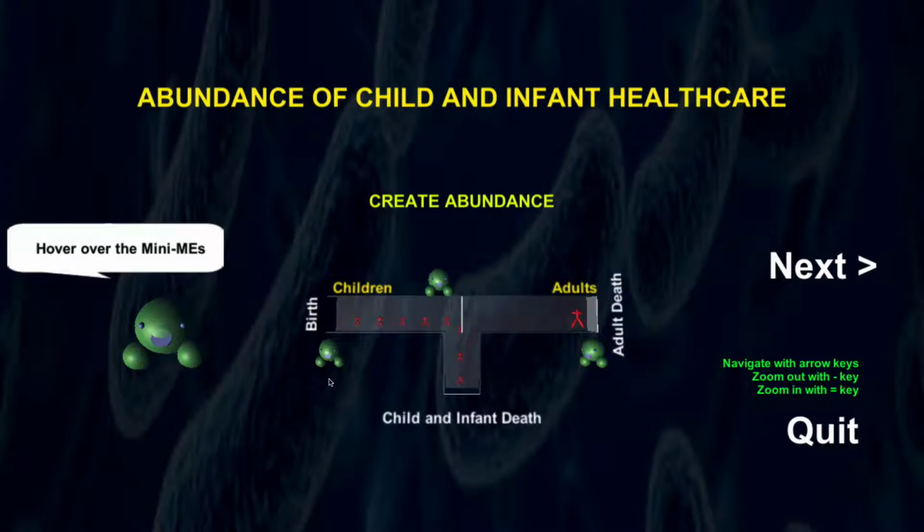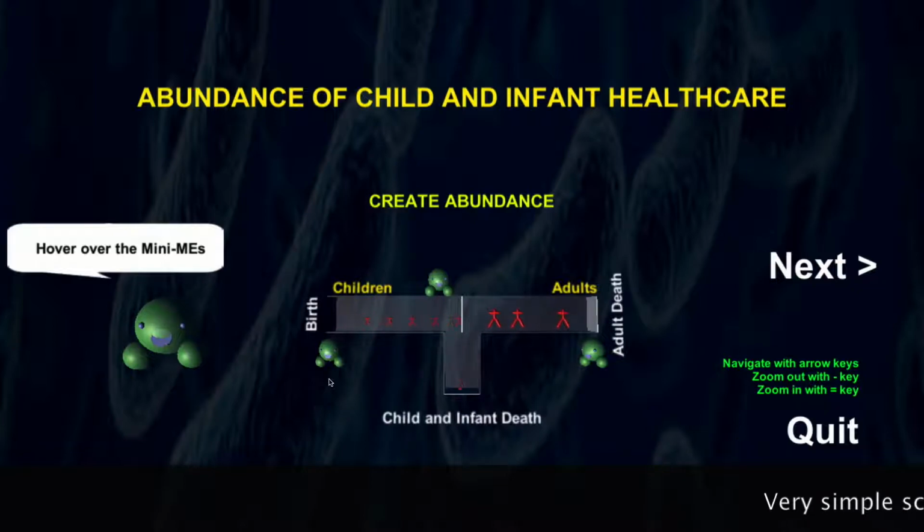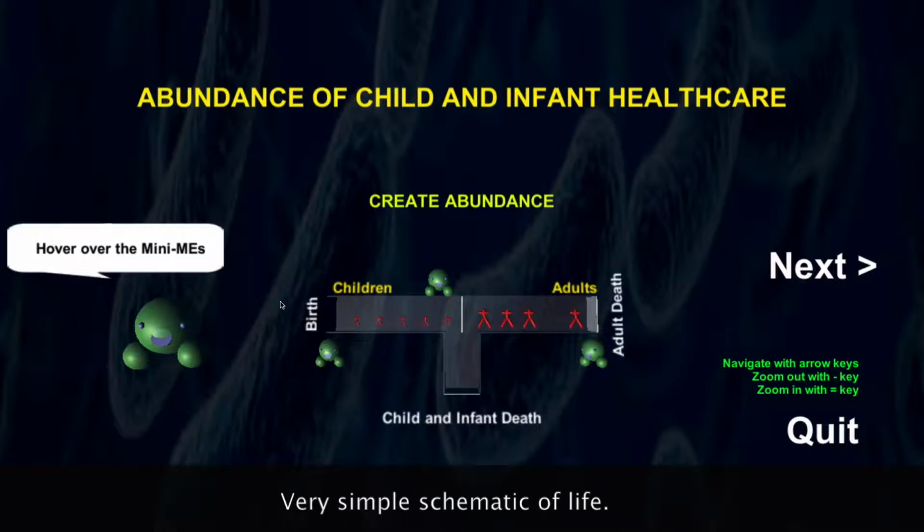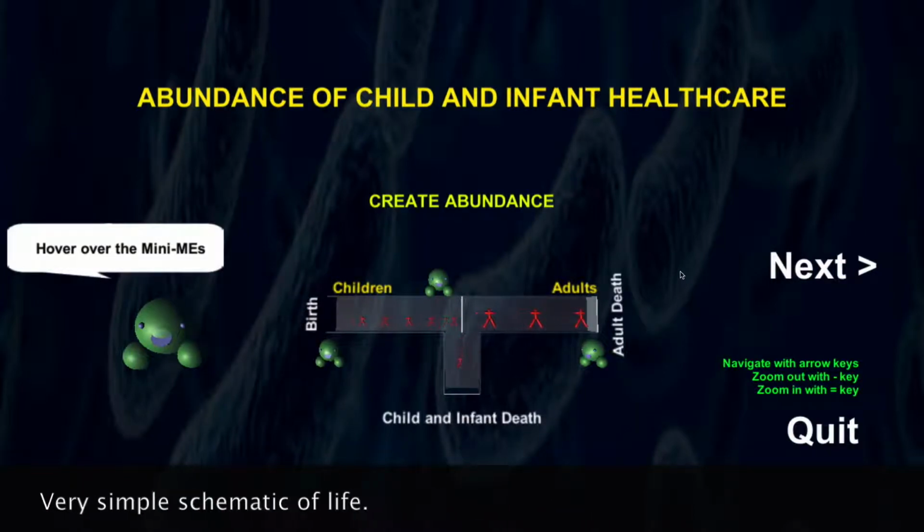Here we have a very simple schematic of life. It's pared down to its bare minimum. On the left here, we have people being born, and I have them for now being born at a constant rate. And then children becoming adults.